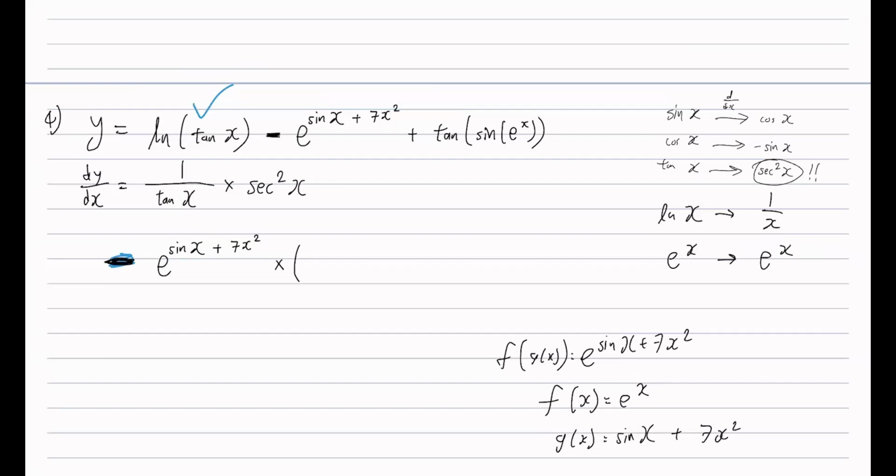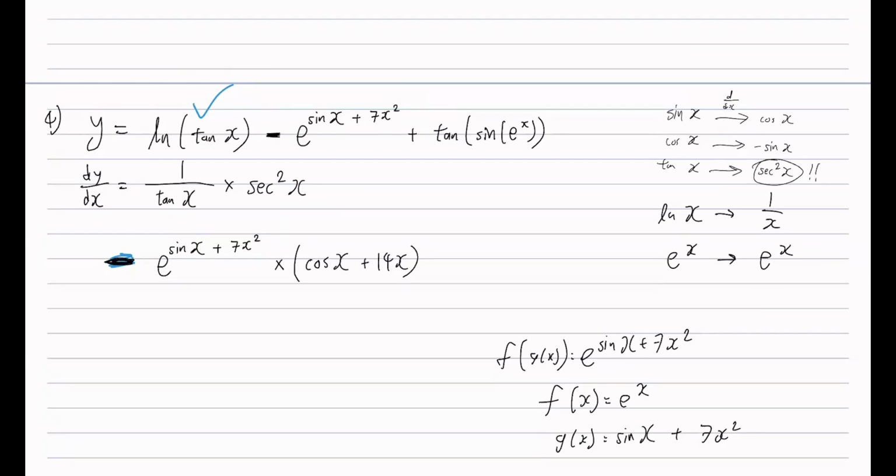Differentiate sine x plus 7x squared. No minus. Cosine x plus 14x. Very good. Then close the bracket.